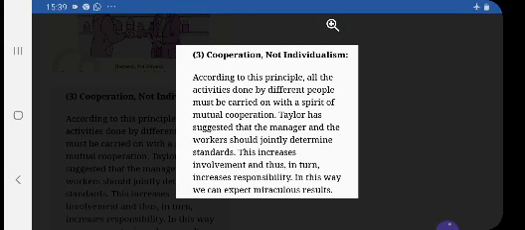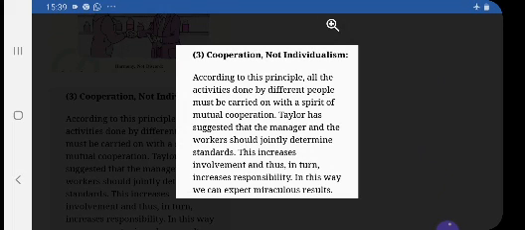According to this principle, all the activities done by different people must be carried on with a spirit of mutual cooperation. Taylor has suggested that the manager and the worker should jointly determine standards. This increases involvement and in turn increases responsibility.